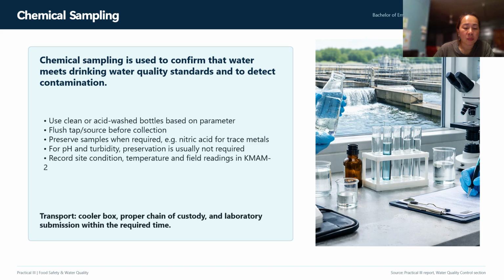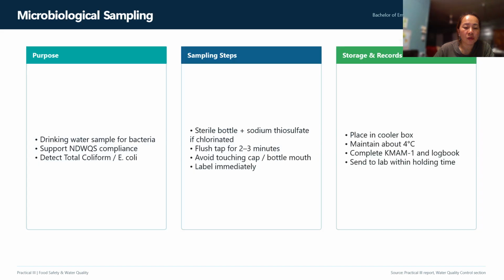First, microbiological sampling. Microbiological sampling is carried out to detect bacteria and assess the risk of waterborne disease. It is used to detect organisms such as total coliform and E. coli. A sterile bottle is used and sodium thiosulfate may be added if the water is chlorinated.